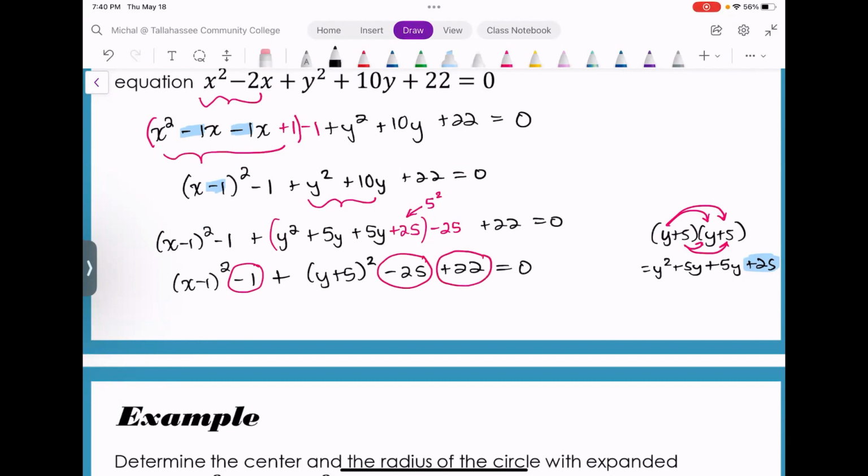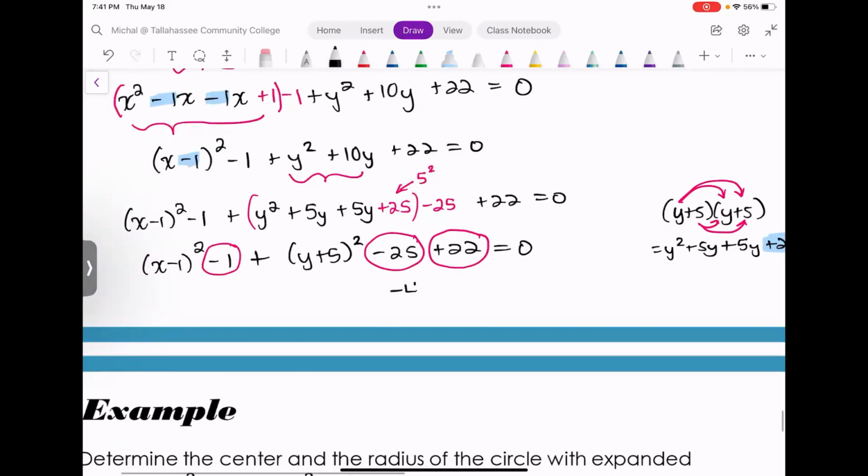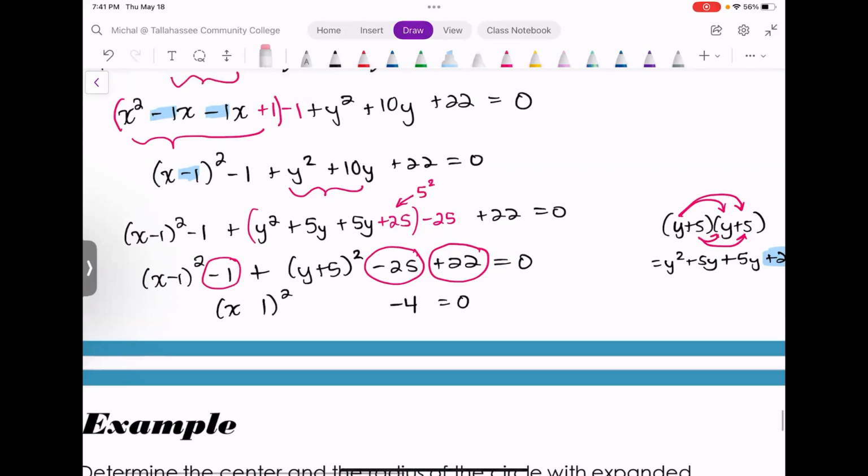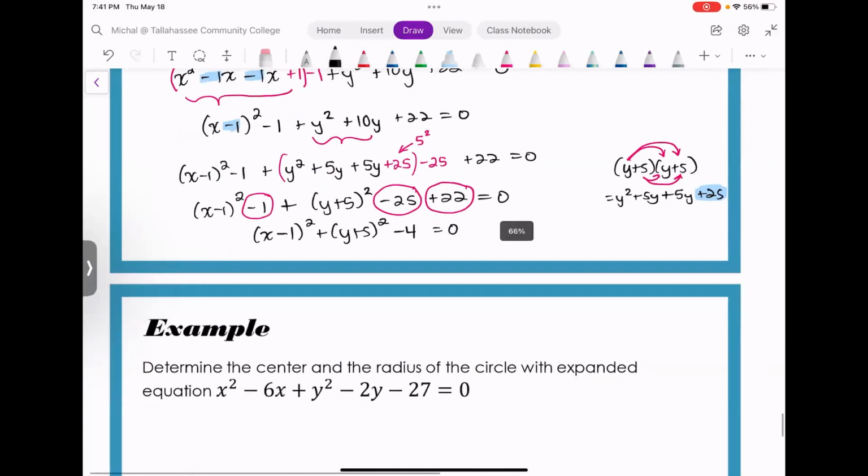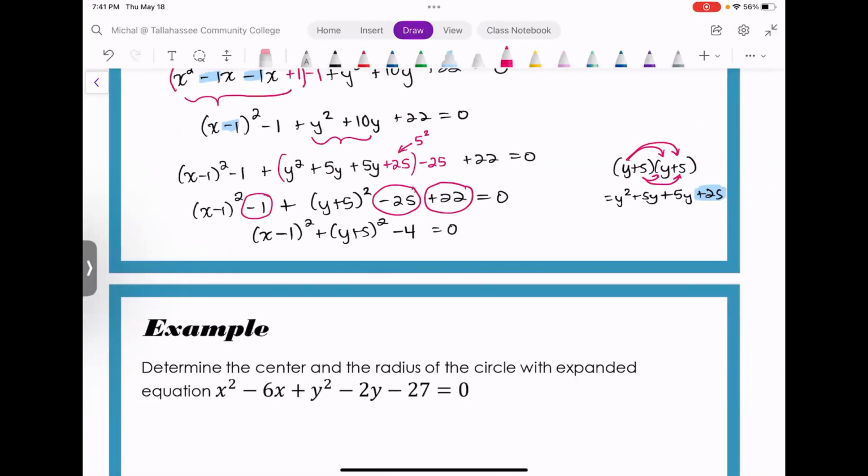Negative 1 and negative 25 is negative 26, with a positive 22 that leaves us with negative 4. So we have x minus 1 squared plus y plus 5 squared minus 4 equals 0. I'm going to add 4 to both sides, and that will solve it.